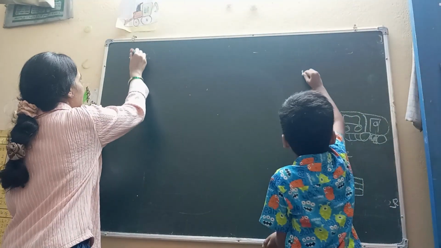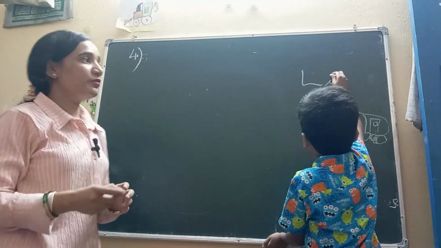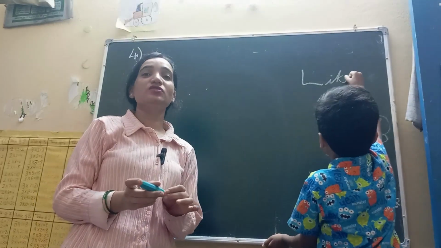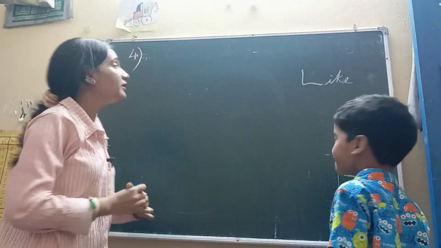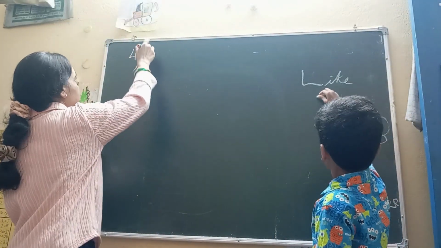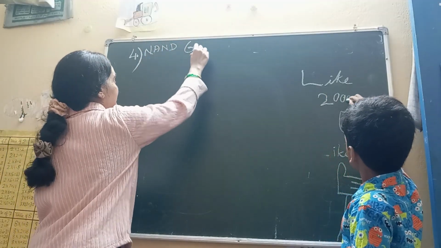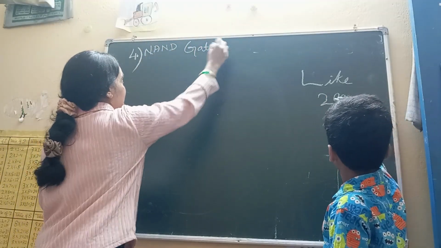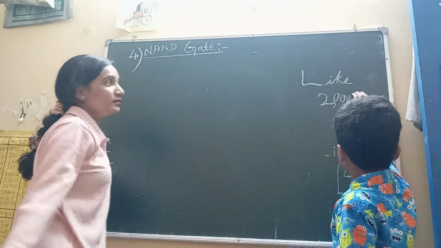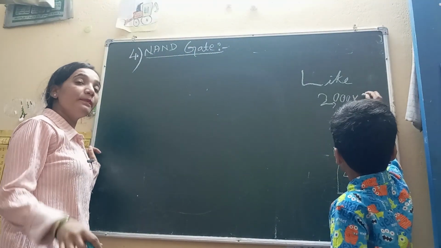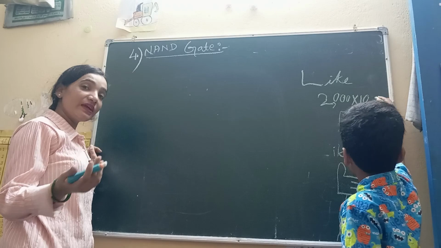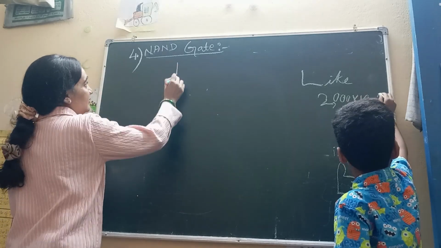Universal gate number 4 is called NAND gate. AND plus NOT gives us the NAND gate.